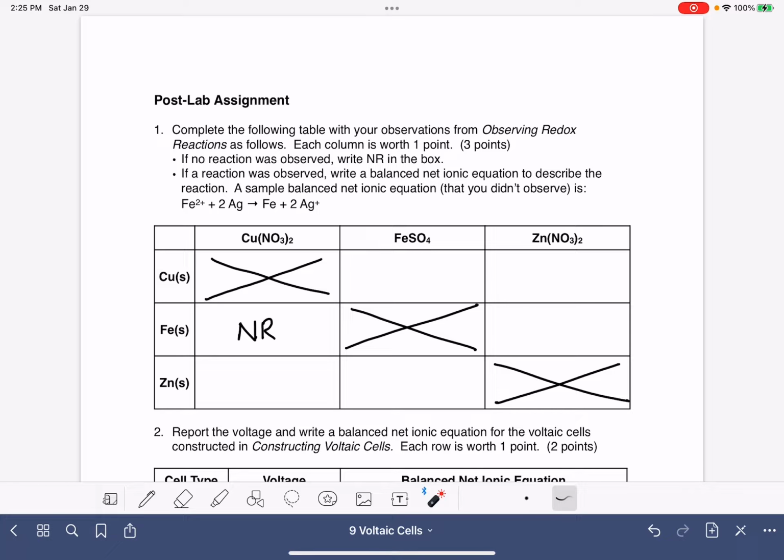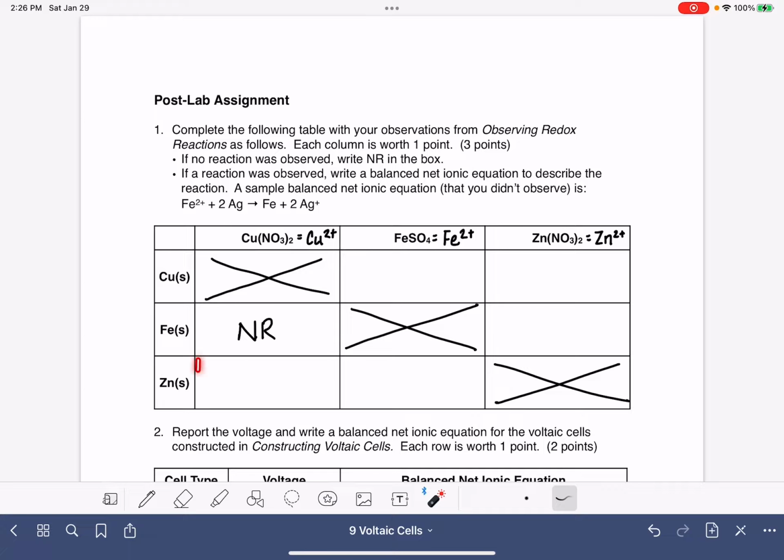Now, one thing that can be a little bit tricky is recognizing the respective cations in each one of these metal solutions. The copper 2 nitrate solution is reacting as the copper 2 plus ion. The iron 2 sulfate solution is reacting as the iron 2 plus ion, and the zinc nitrate solution is reacting as the zinc 2 plus ion.